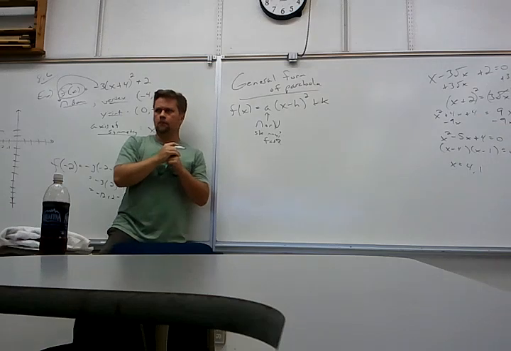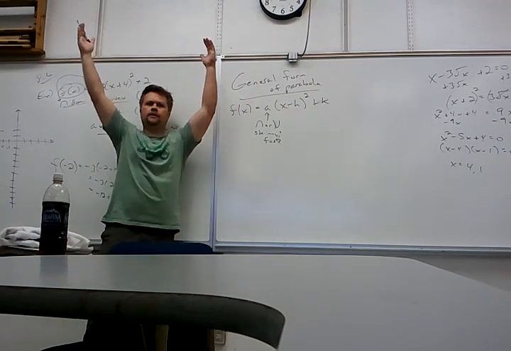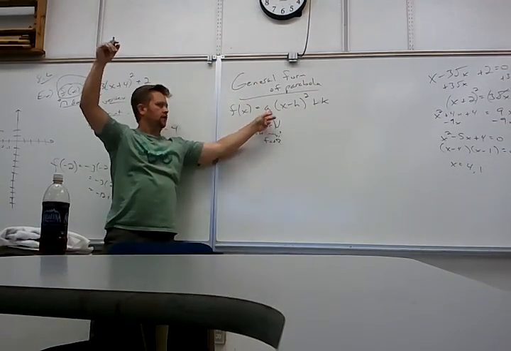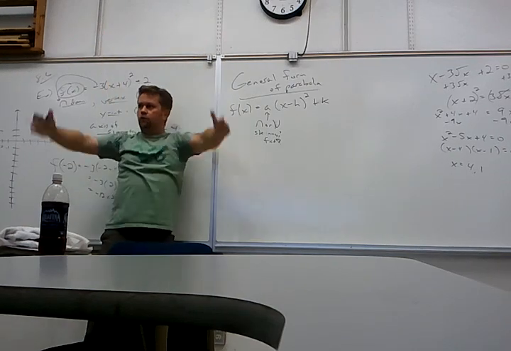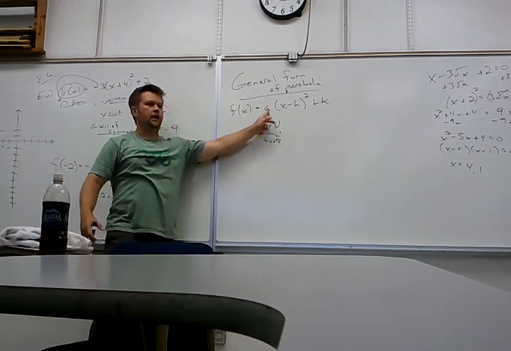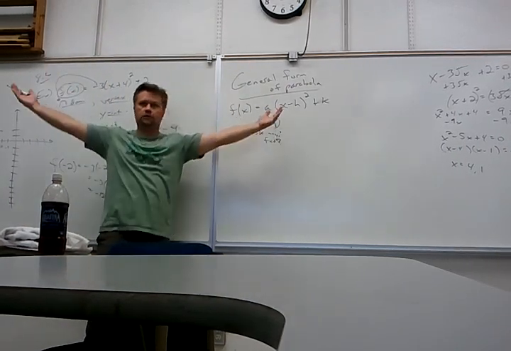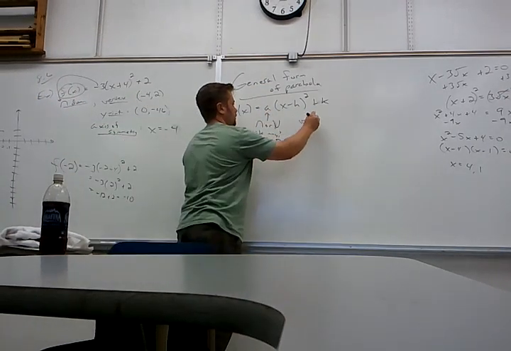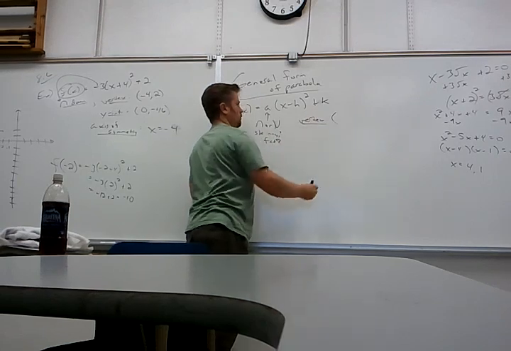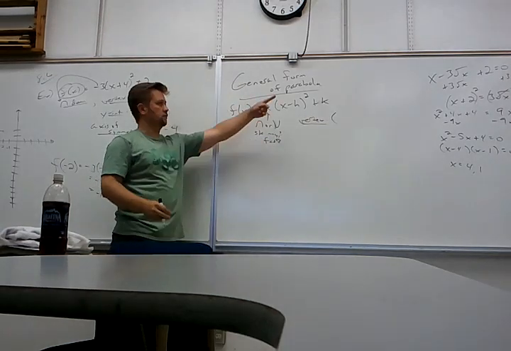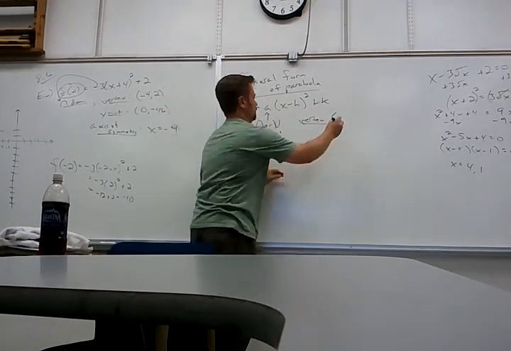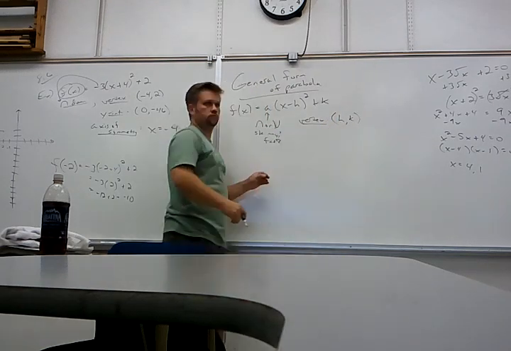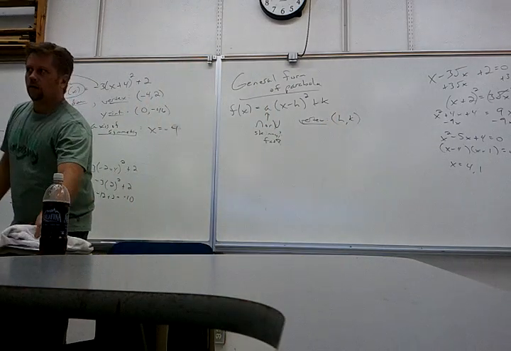Cool, right? Because it's exactly like a slope idea. If it's big, it'll be skinny because it's going to go up or down quickly. If it's small, like 1/2, 1/3, 1/4, it's going to go up and down slower, so it's going to be fat. And the vertex here would be what? HK. Good. H. Okay. That's cool.